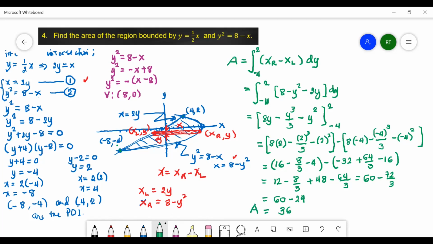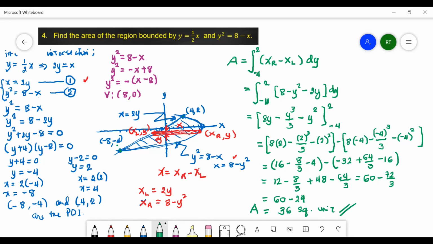Therefore, the area of the region bounded on the right by the parabola y squared is equal to 8 minus x, and on the left by y is equal to 1/2 of x, or x is equal to 2y, is 36 square units. So we were able to solve 2 examples, which illustrate how to get the area of the region bounded by 2 curves.